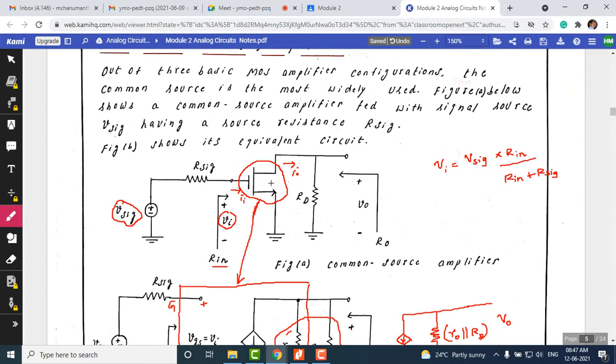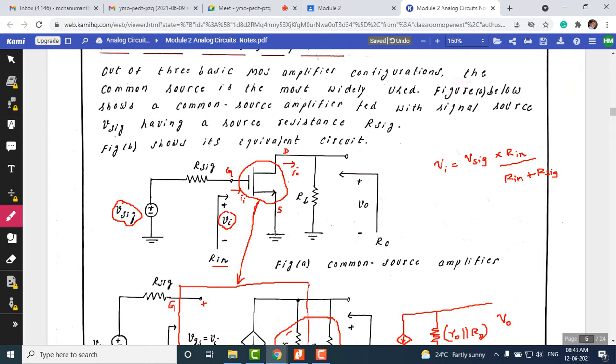In the MOSFET, you need not write the different terminals all the time. Whenever you have any confusion, you can write the terminals. Otherwise, it's implicit that since it is a common source configuration, we have the source here, the drain here, and the gate here. The resistance we connect to the drain is labeled RD, the drain resistance, and we measure the output of this common source amplifier across the drain and the ground.